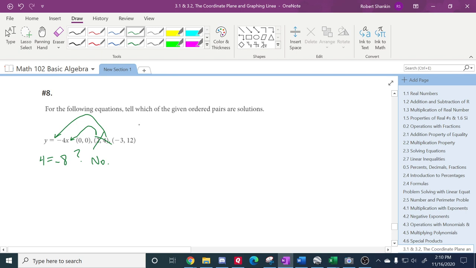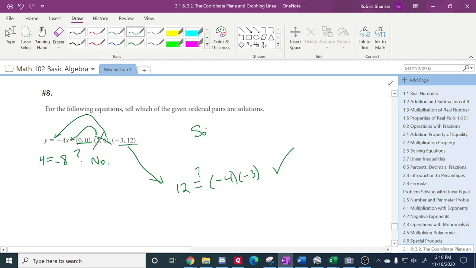That is a solution. If you plug in negative 3 for your x, you're going to get negative 4 times negative 3. So first of all, the left-hand side y becomes 12. And on the right-hand side becomes negative 4 times negative 3. And that does check. So those are the solutions. And that one's not, because when we plug it in, it doesn't lead to a true statement.